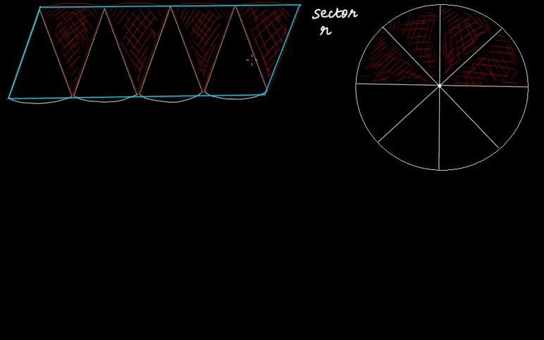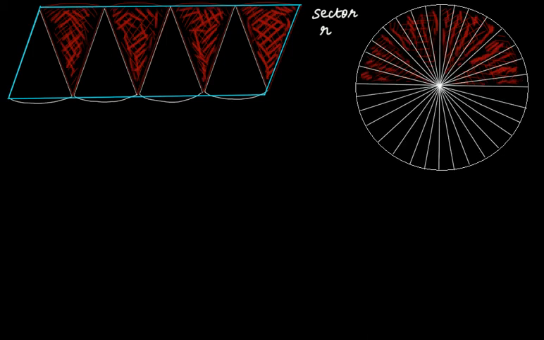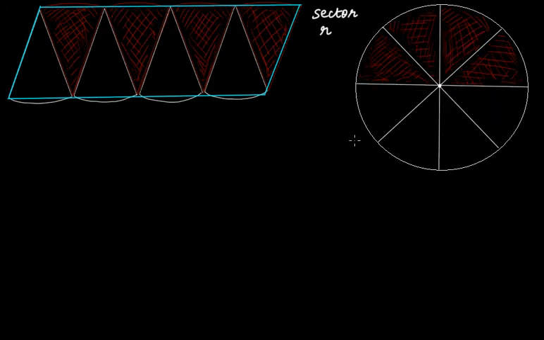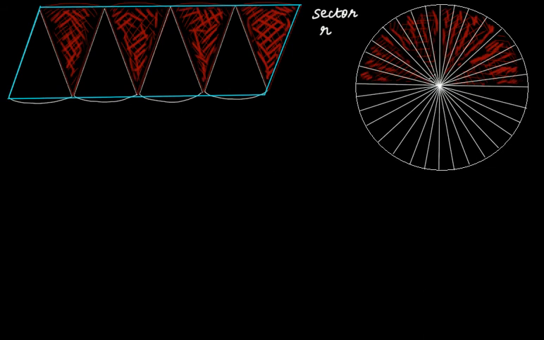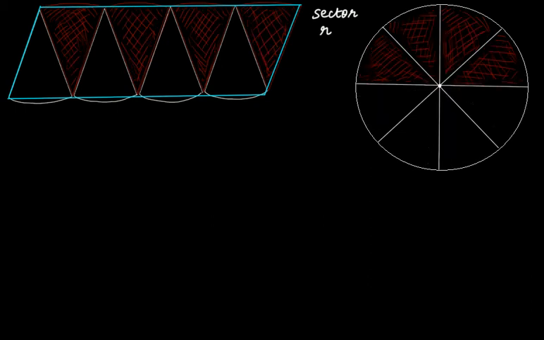Okay. Now, if we further divide this circle into 64 equal sectors, initially it was 8.